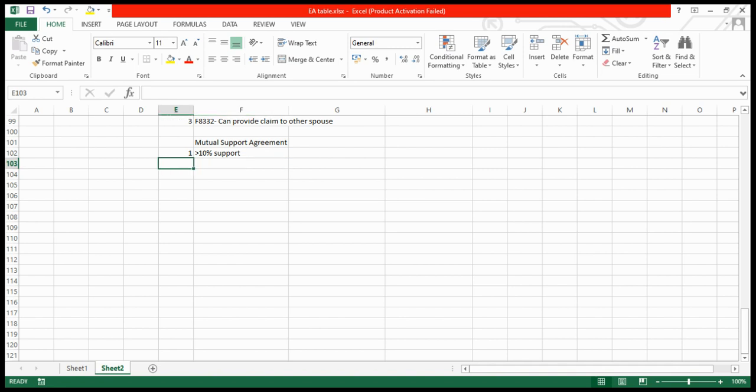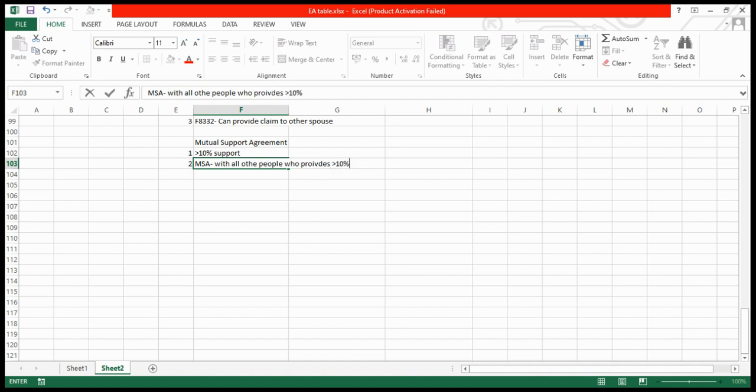So for that they have to enter into a mutual support agreement with all other people who provide more than 10% support, then they can claim as a dependent. This is about MSA.